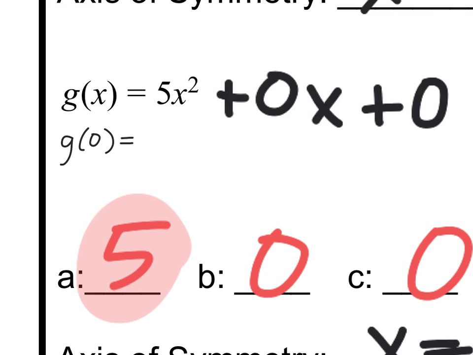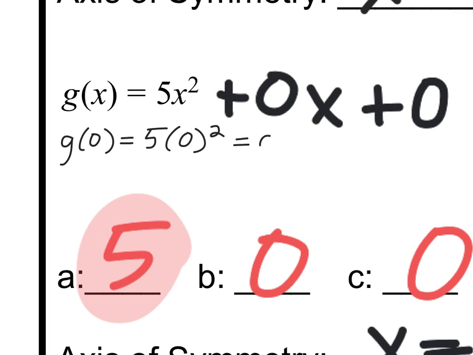Now I know we added 0x plus 0, but you only need the original equation right now. So 5 times 0 squared. If you need to go to your scientific calculator to type that in, type it in exactly as you see it. 5 times 0 squared. 0 squared is 0, and 5 times 0 is 0.